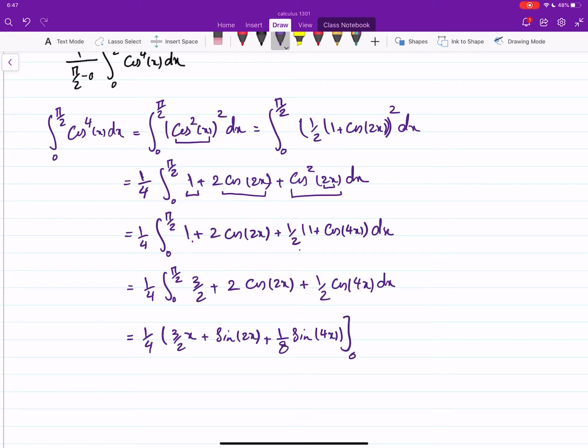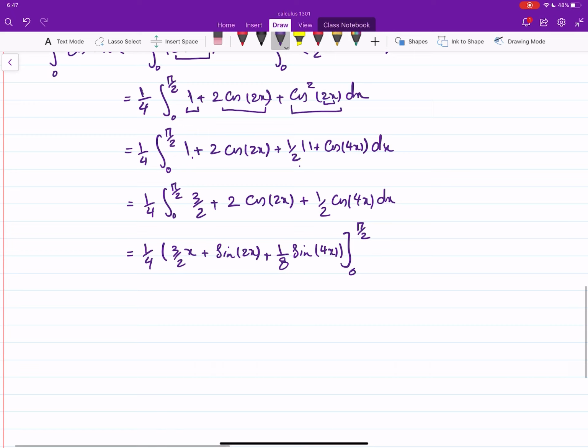And we go from 0 to pi over 2. Okay, then let's plug in everything there. 1 over 4, this is 3 over 2 pi over 2 plus sine of 2 times pi over 2, which is just sine of pi. And this is sine of 4 times pi over 2, which is just 2 pi.